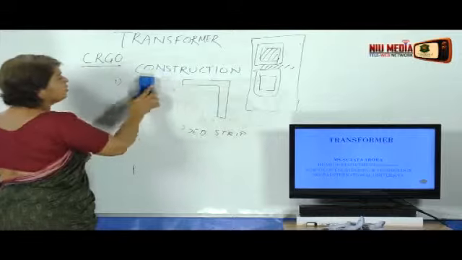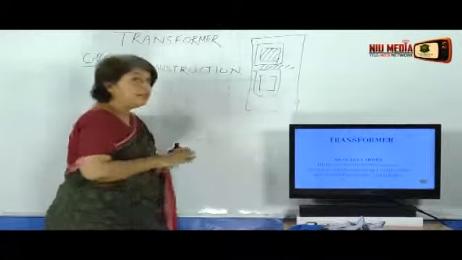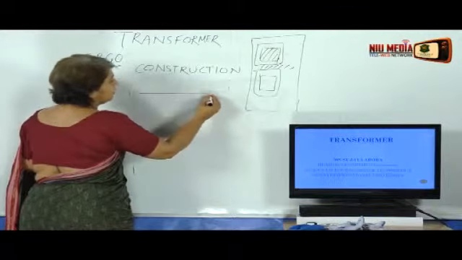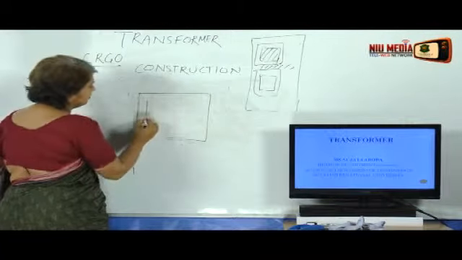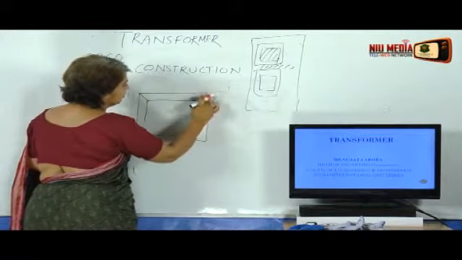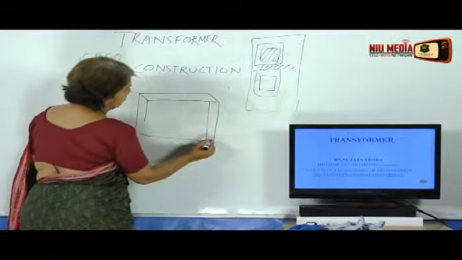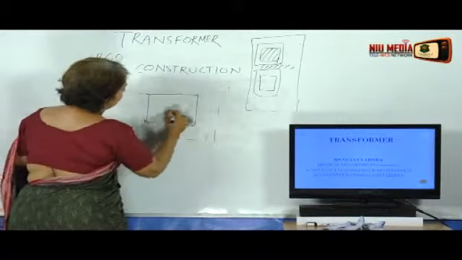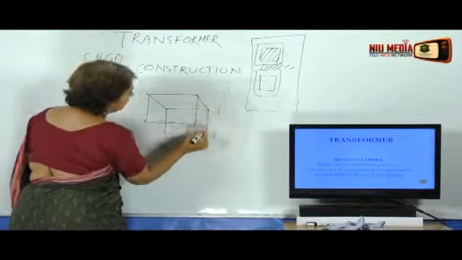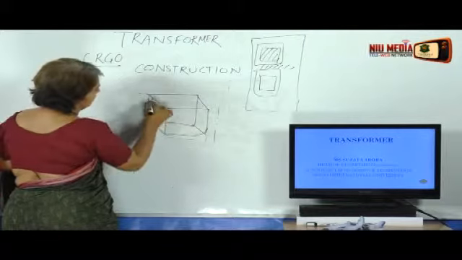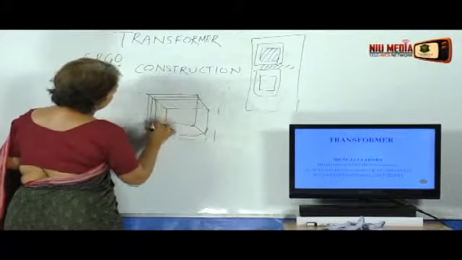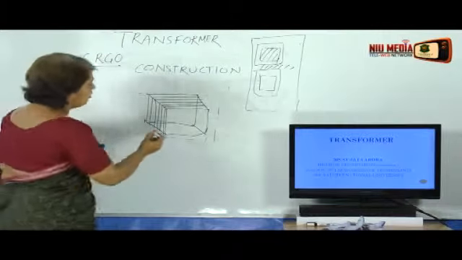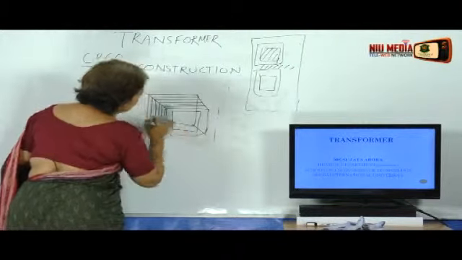What the transformer core actually is, is a totally laminated core, and how does it look? It looks like a solid portion, and this is a rectangular shape of the transformer.